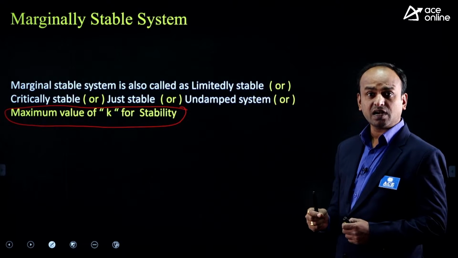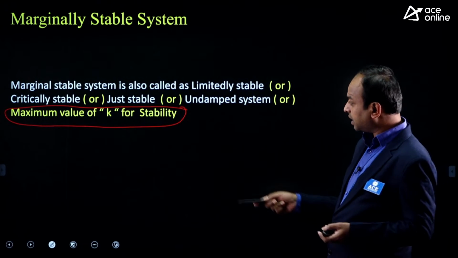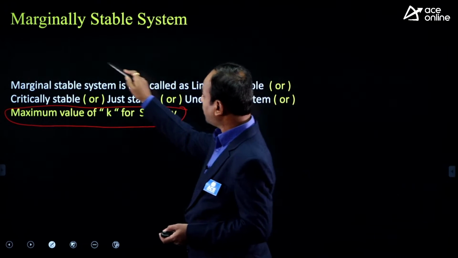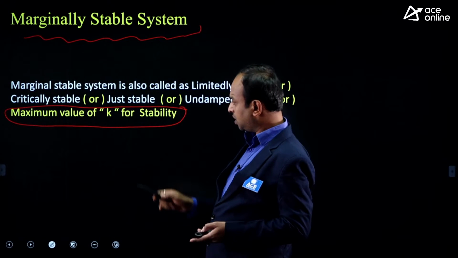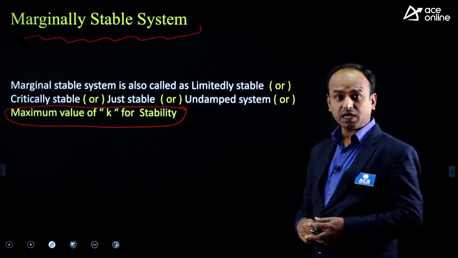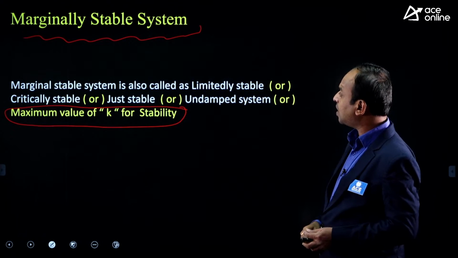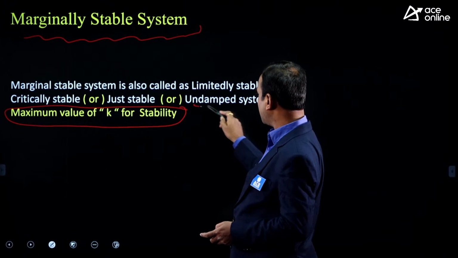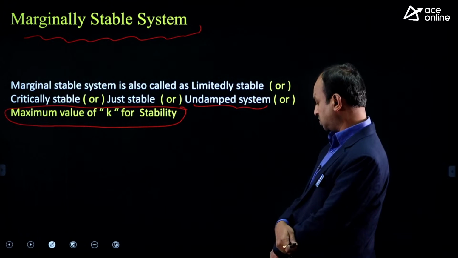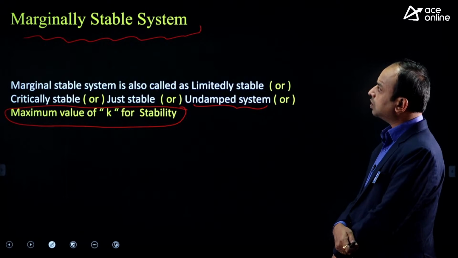The majority of students calculated the condition for stability, but if the question is asked like this, you need to find the condition for marginal stability only. Maximum value of k for stability means marginal stable only. One more famous name is undamped system, which is also a marginal stable system.